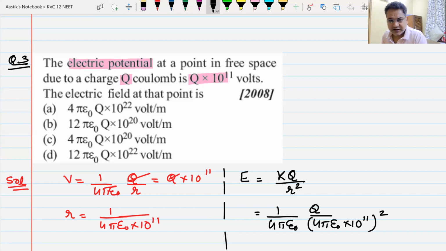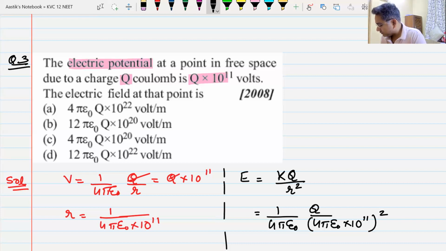What is the mistake I have committed? Is my answer coming correct or not?